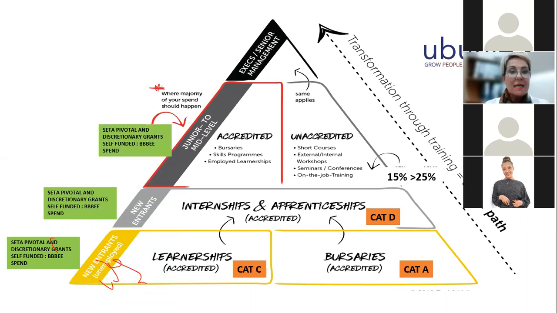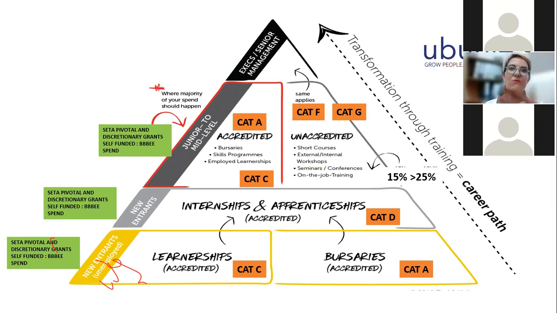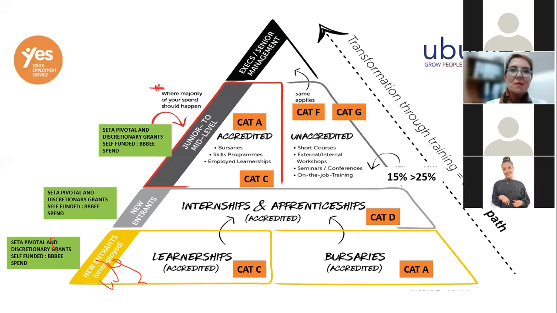And then again, accredited employed learnerships, funding available if you submit your WSP, and it falls under category A. So again, ladies and gentlemen, bursaries under category A and learnerships under category C. And then your unaccredited programs, you can claim your spend under category F and category G for your BBBEE spending. And then besides all of this, you can also choose to be an organization that participates in the Youth Employment Service.